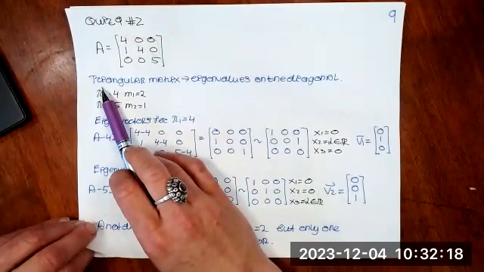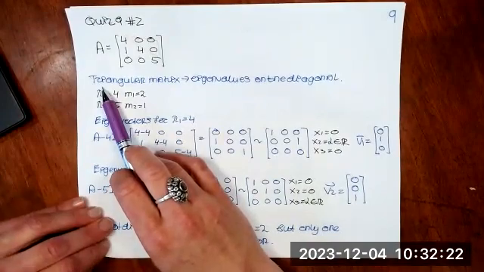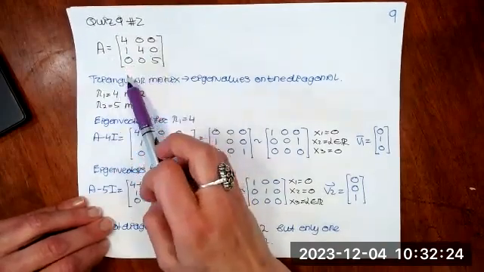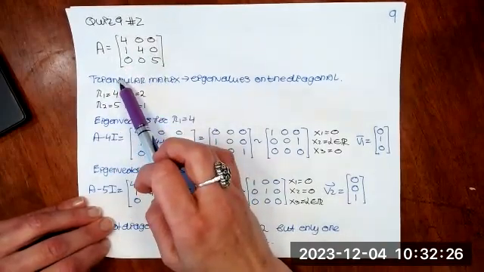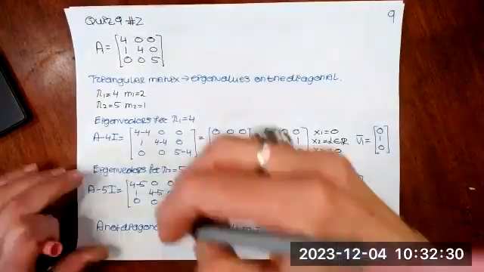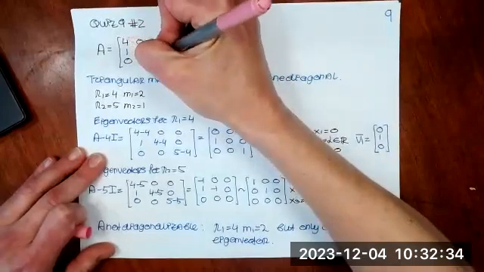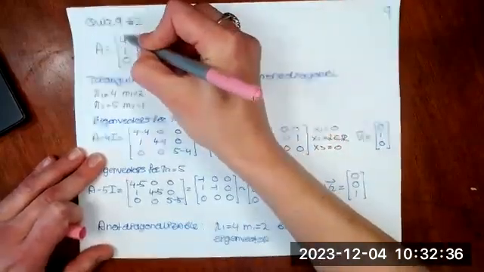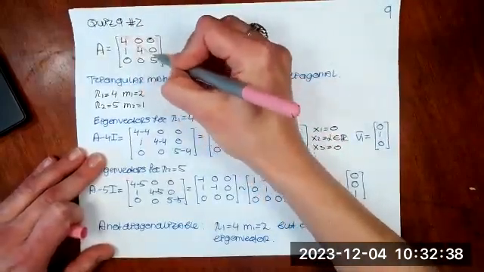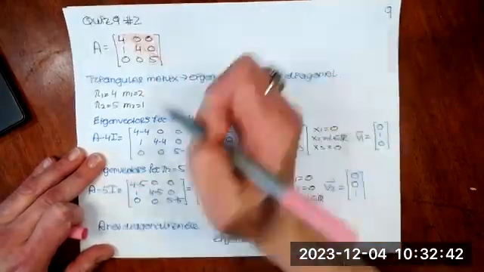A lot of you did the characteristic equation again. And you can do that, nothing wrong, you get the right solution, but this is one of the examples where you can use a little shortcut. If you notice, this is a triangular matrix. I have values on the diagonal, and then I have all zeros in the upper triangular region.